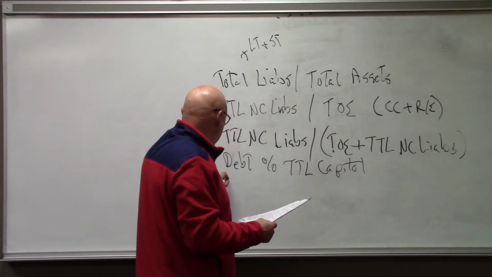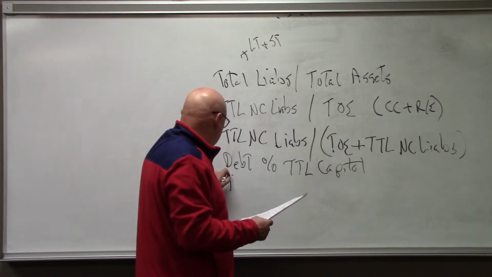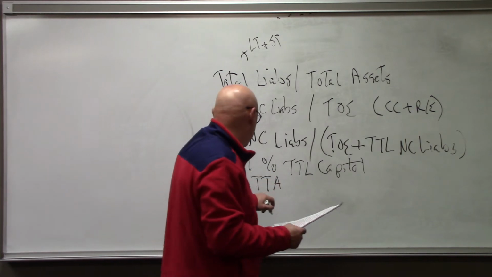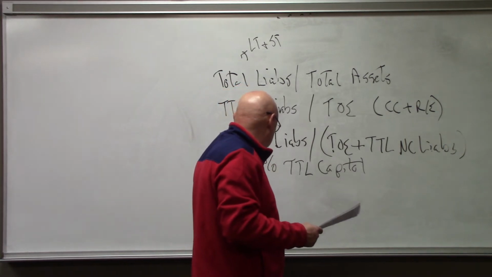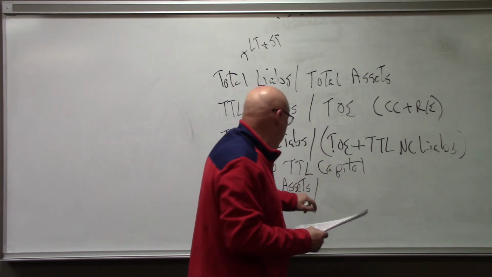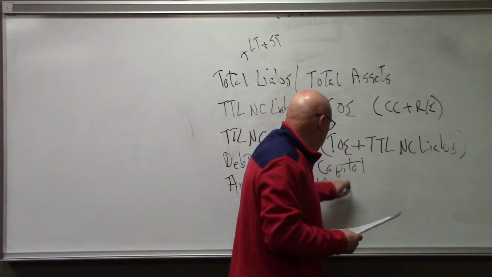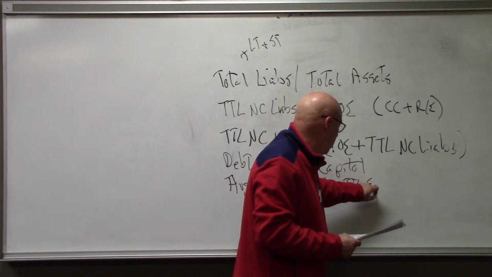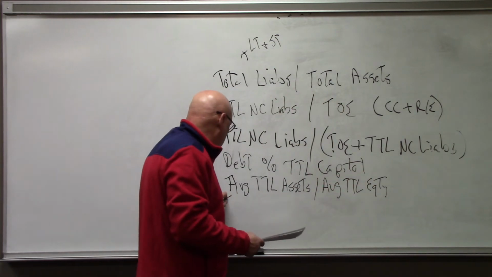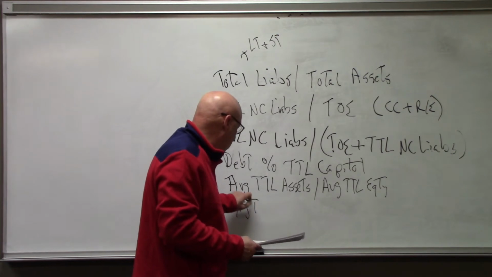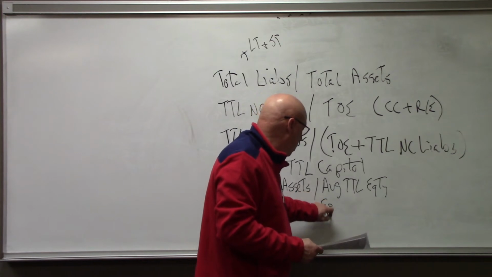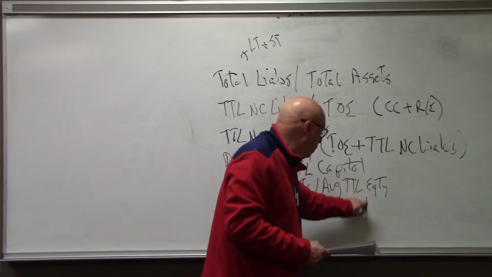Then we come to average total assets divided by average total equity. This is sometimes called the equity turnover ratio or the equity multiplier.